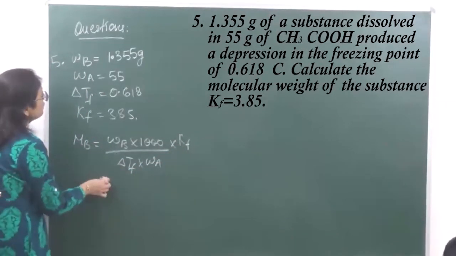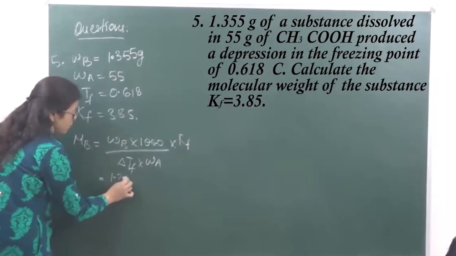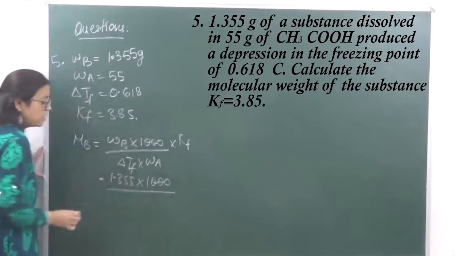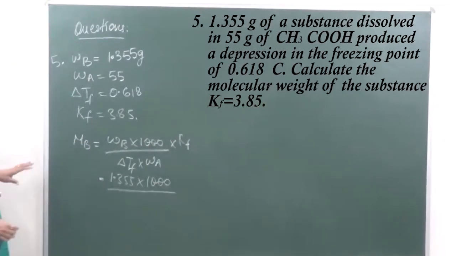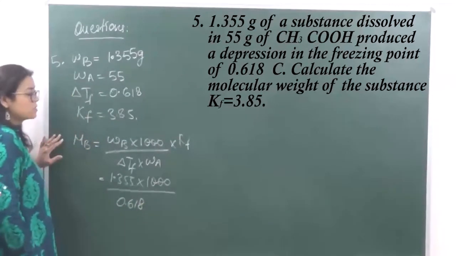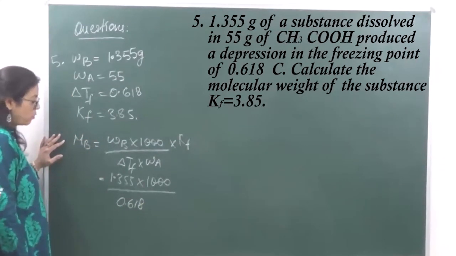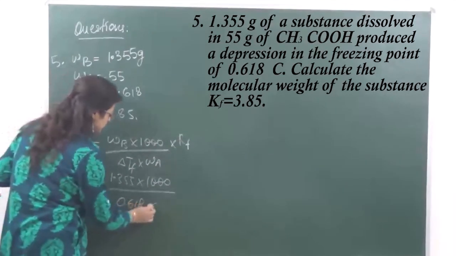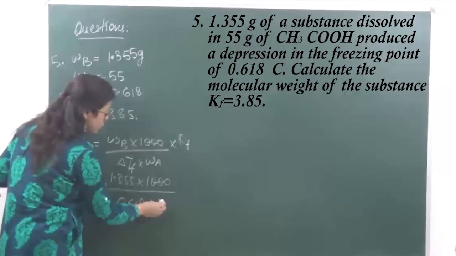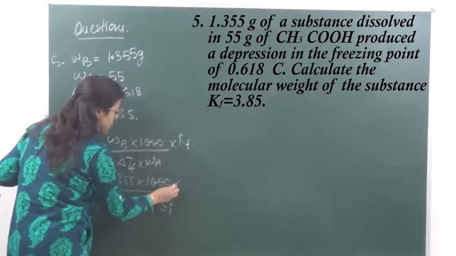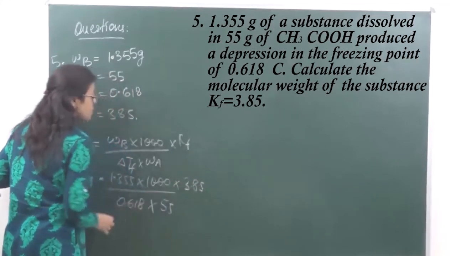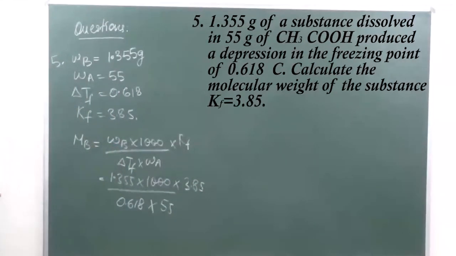WB given to us is 1.355 into 1000 upon delta TF, 0.618, into WA given to us is 55, into KF given to us is 3.85.